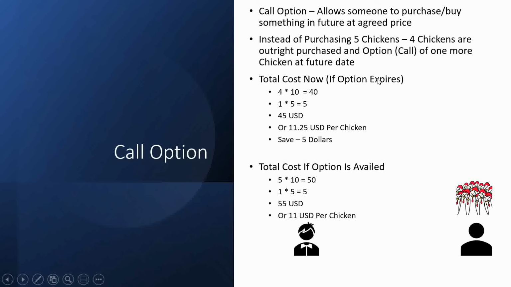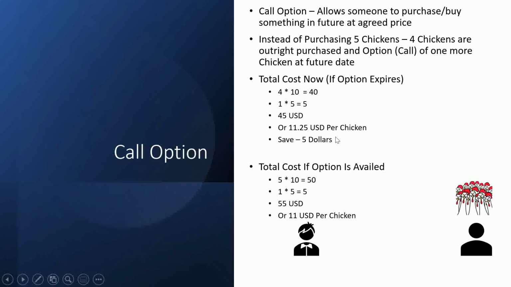Now what happens if I don't avail the option? In other words, the option expires. Then I only have 4 chickens which I paid for in advance, plus $5 for the IOU or option, $45 altogether, $11.25 per chicken, but I saved $5 as well.